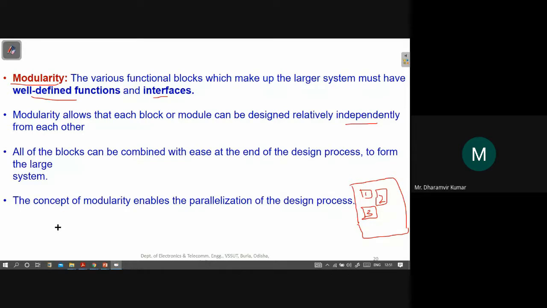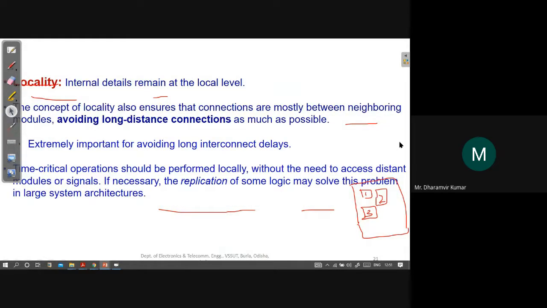This enables the parallelization of the design process. If things are designed in a parallel manner, that helps us save the precious time involved in designing these chips. And the last one is called locality.